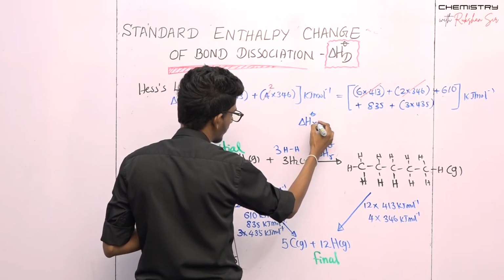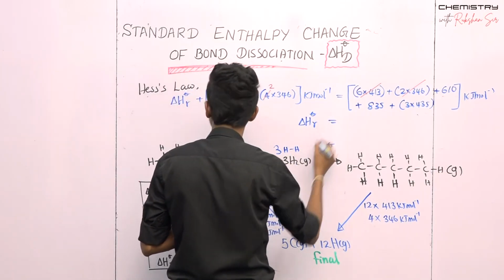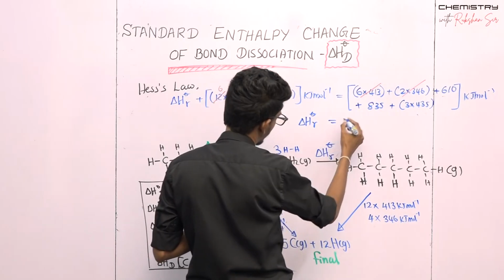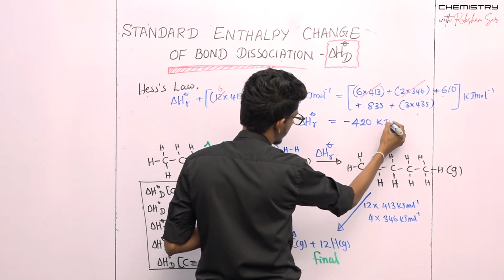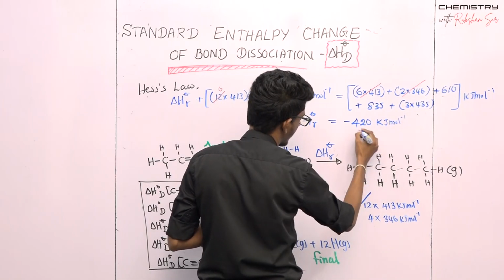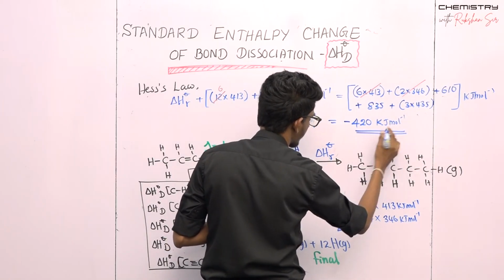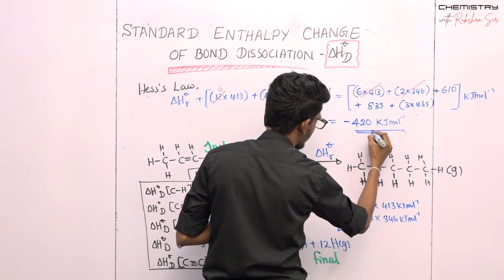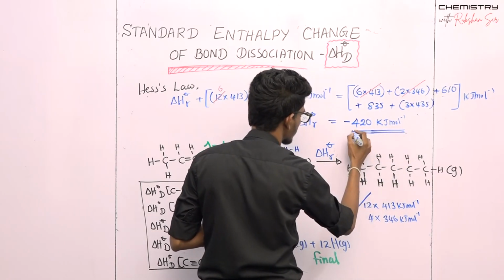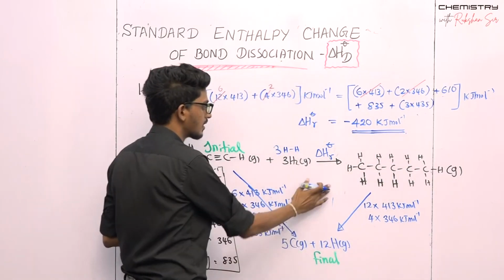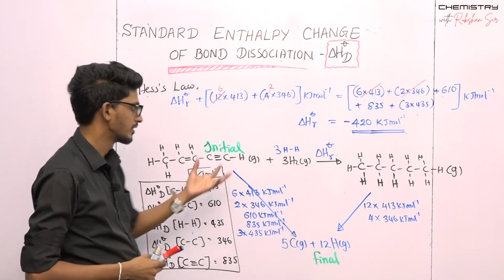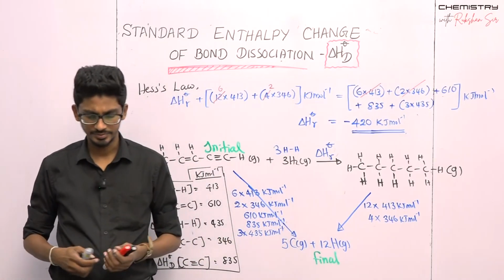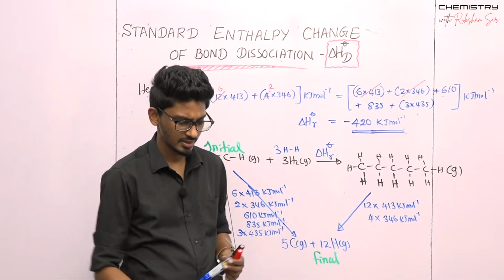Both solving techniques should give you the same value, right? The value we obtained last time was 420. That value should come from this problem-solving method as well. So that is how we are supposed to solve with the use of a thermochemical cycle.